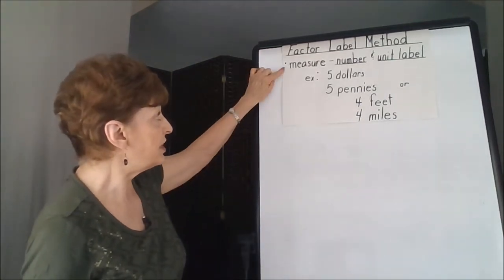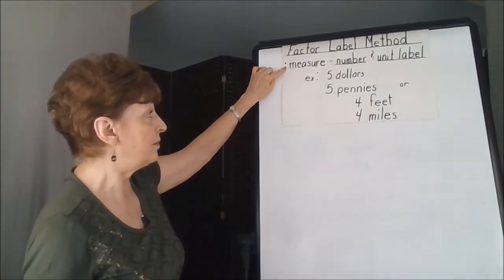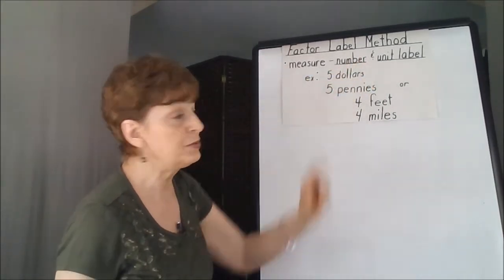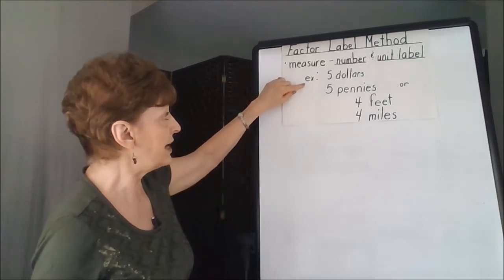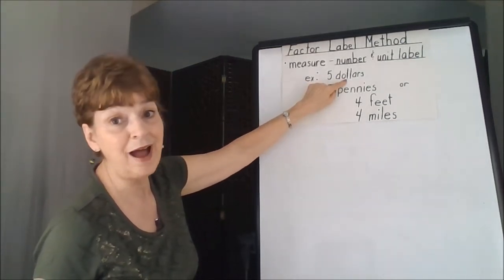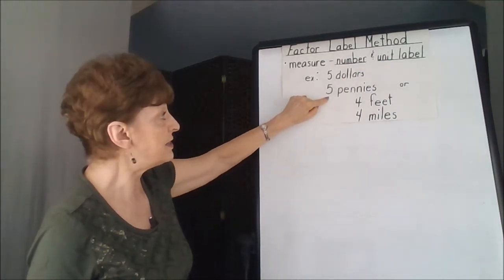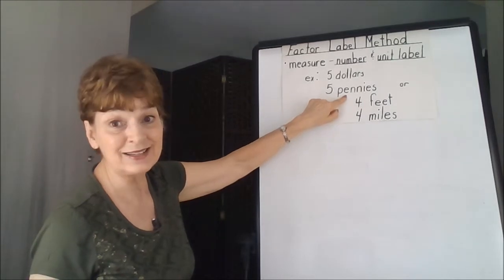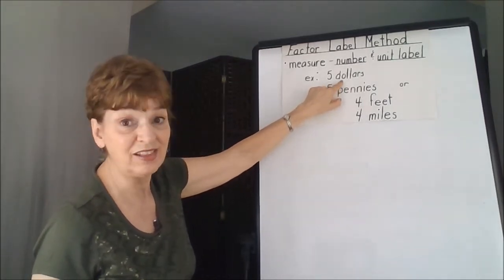So the very first thing that you're going to want to do is take the measure. That would be the number and the unit label. I've given you an example. The number would be 5. The unit label would be dollars. I use the same number on this one, but 5 pennies is a lot different than $5.